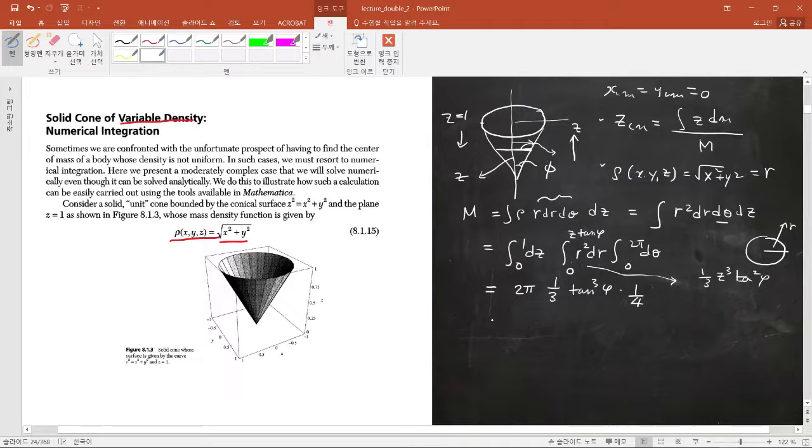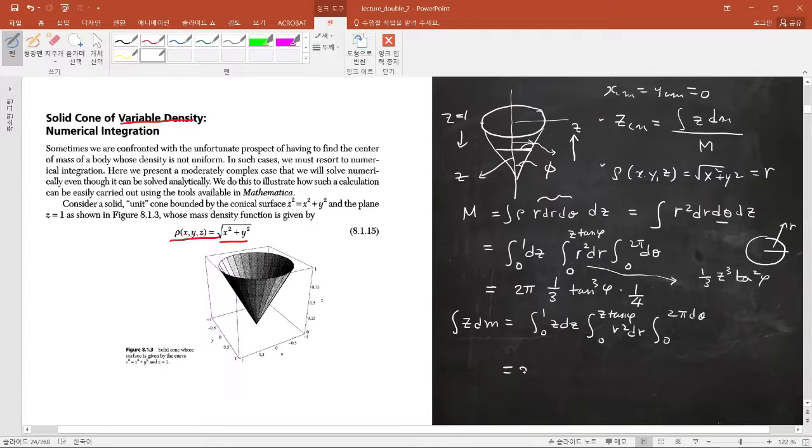Now the numerator also can be calculated easily. You see z dm is precisely the same except that you have another factor z here, so it should give you the integral from 0 to 1 of z dz, and the rest is the same: 0 to z tangent phi of r squared dr, and 0 to 2 pi d zeta.